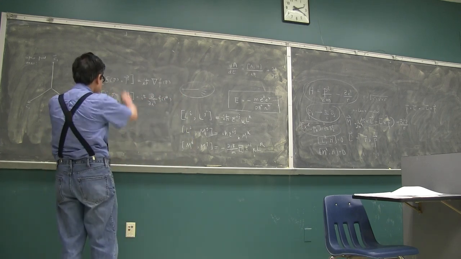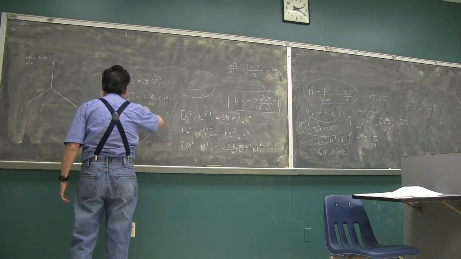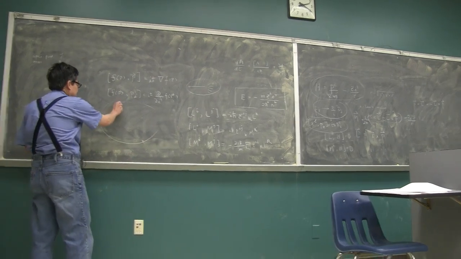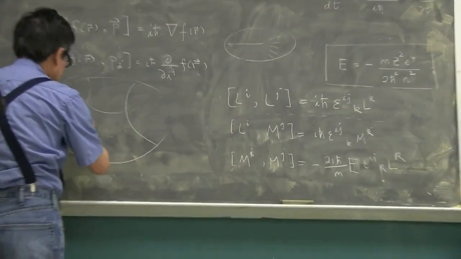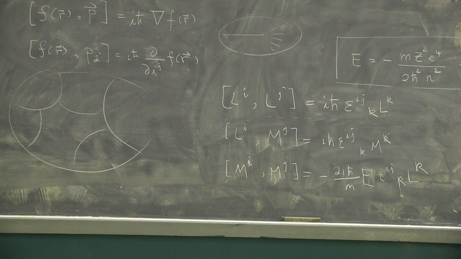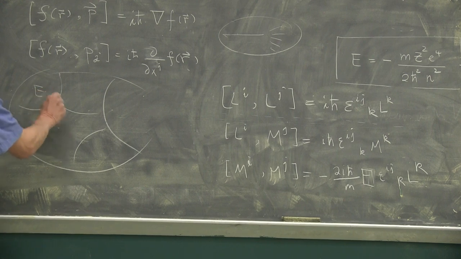There's a big Hilbert space. The Hilbert space can be divided into many eigenspaces, one corresponding to each energy eigenvalue. And I'm going to work within one of those, which has an eigenvalue equal to some number.